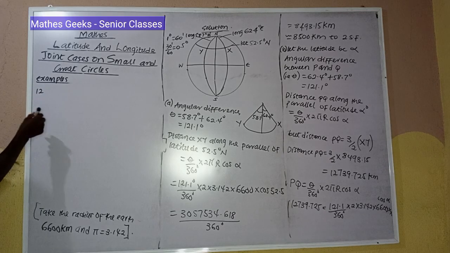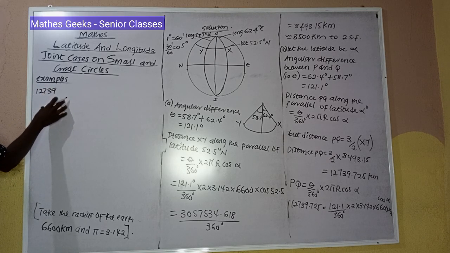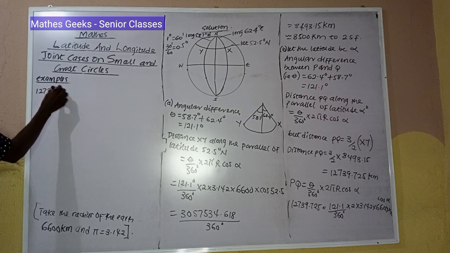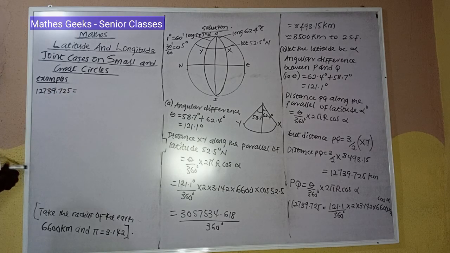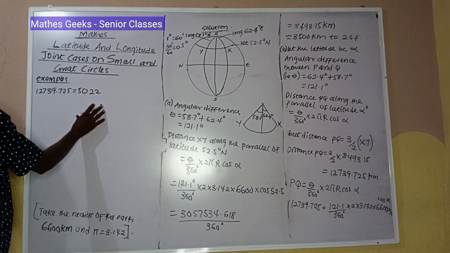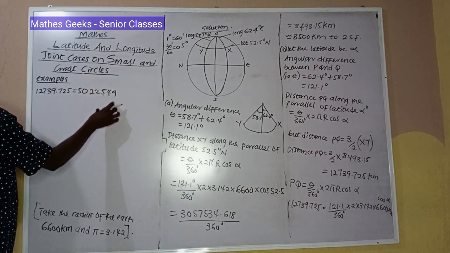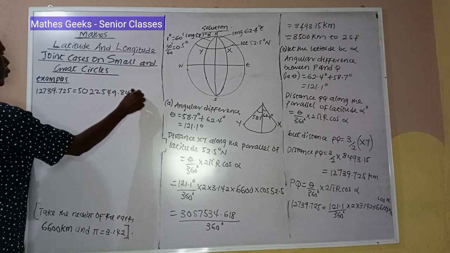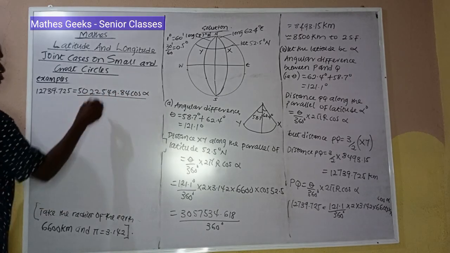That is 121.1 times 2 times 3.142 times 6,600, which is 5,022,549.84 cos alpha, divided by 360.